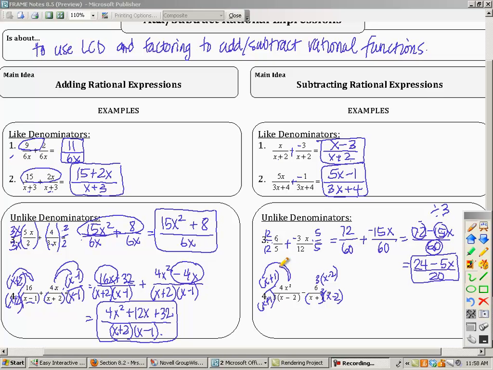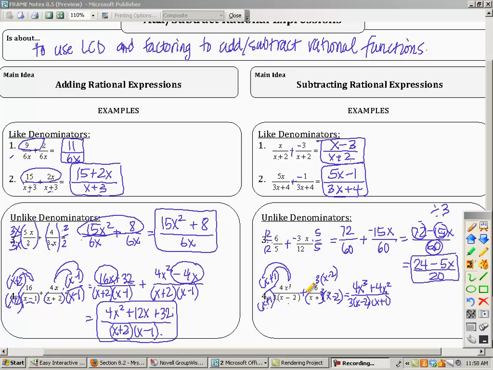4x squared, I'm going to distribute to both of those. 4x cubed, and 4x squared times 1 is plus 4x squared. And all over, what did I have? I have a 3, an x minus 2, and an x plus 1.